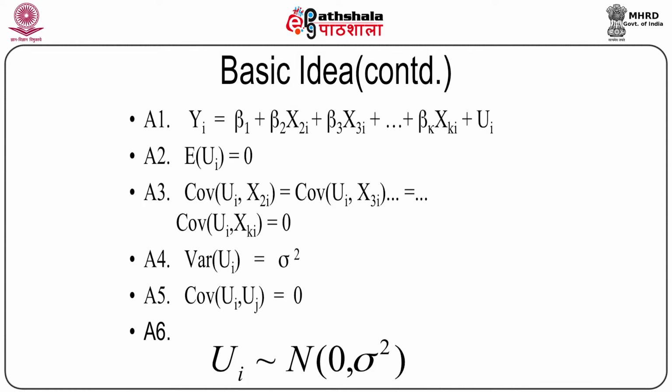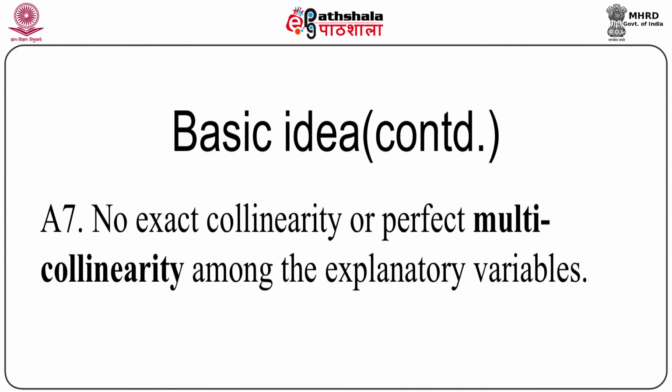Variance of ui is constant and represented by sigma square, and covariance of ui uj equal to 0, and ui follows normal with 0 mean and variance sigma square. And also there exists no perfect multicollinearity among the explanatory variables.